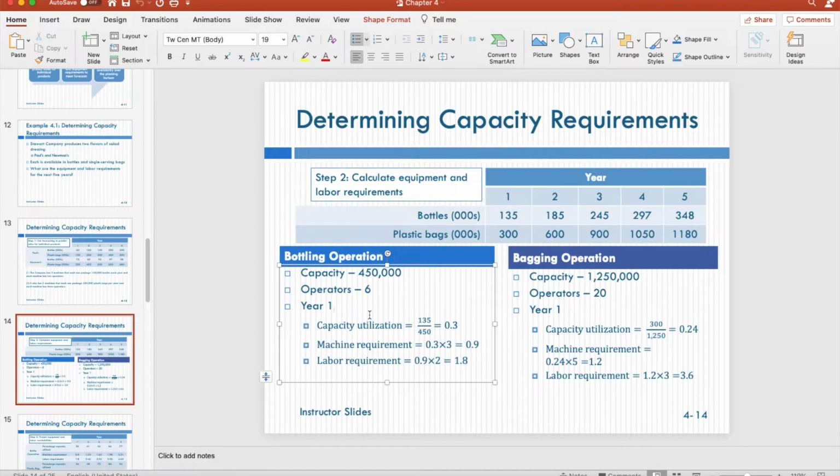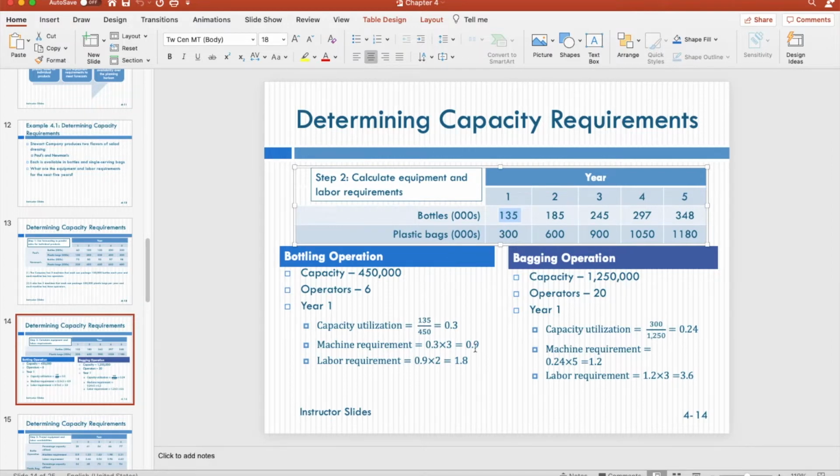It should be 135, or more accurately 135,000, since this is in thousands. So this value tells you how many bottles we need to produce to fit the market demand.